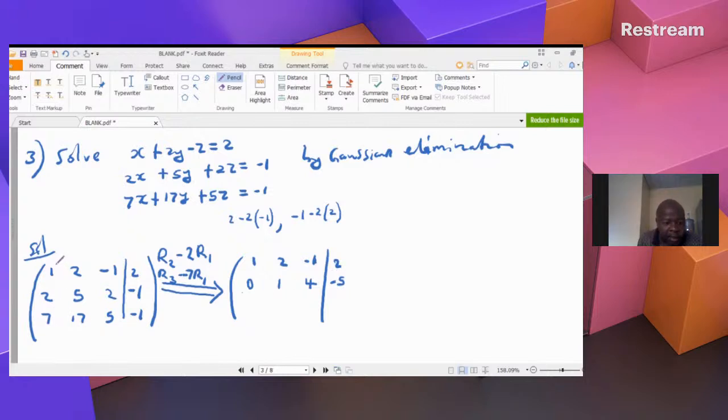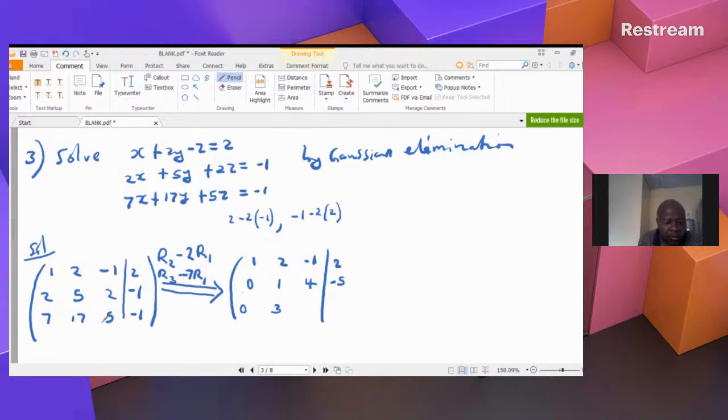7 minus 7 multiplied by this gives me 0. 17 minus 7 multiplied by this: 7 multiplied by this is 14. 14 from this 17, this will be 3. 7 multiplied by negative 1 will be negative 7.